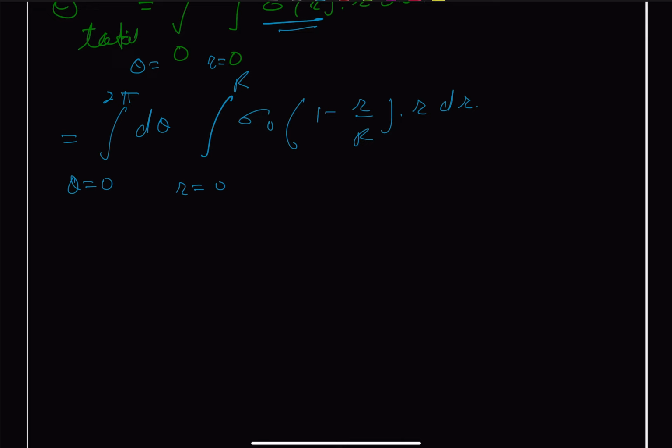Now we can simply integrate it. For this integration, d theta will automatically give theta, so we can substitute the limits. So this comes as 2 pi minus 0, which is 2 pi.